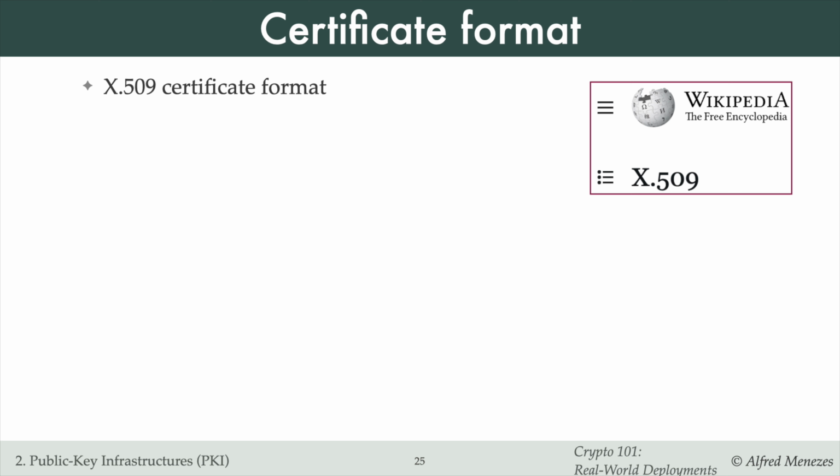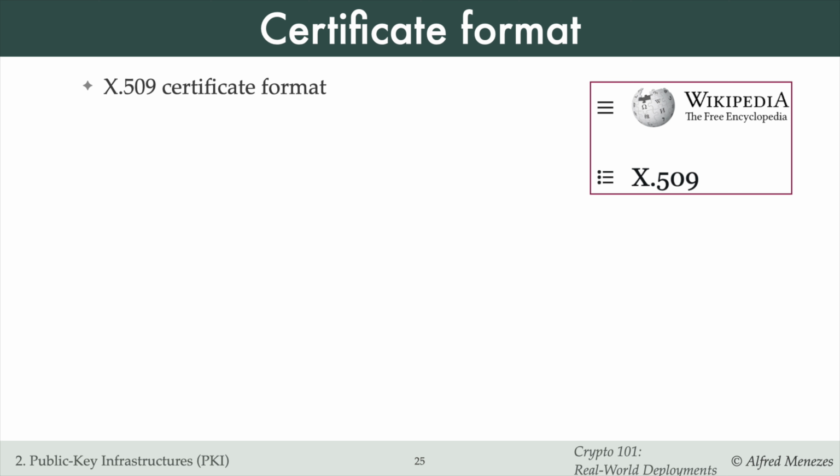A standardized certificate format is essential for ensuring the certificate data is machine readable and can be processed and used across different applications. This promotes interoperability. In practice, X509 certificate formats are widely adopted.